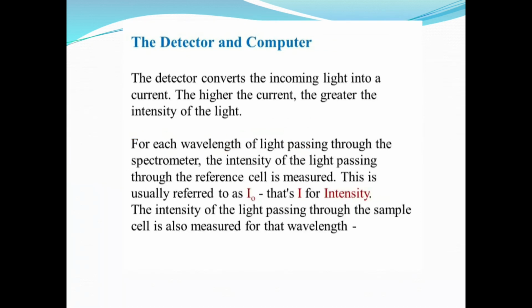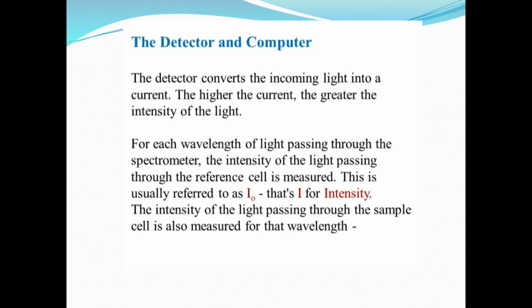The detector and computer. The detector converts the incoming light into a current. The higher the current, the greater the intensity of the light. For each wavelength of light passing through the spectrometer, the intensity of light passing through the reference cell is measured. This is usually referred to as I naught.